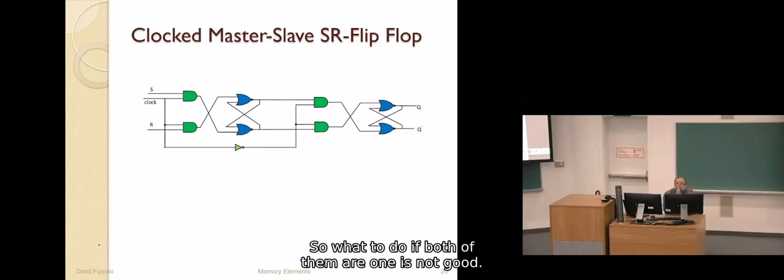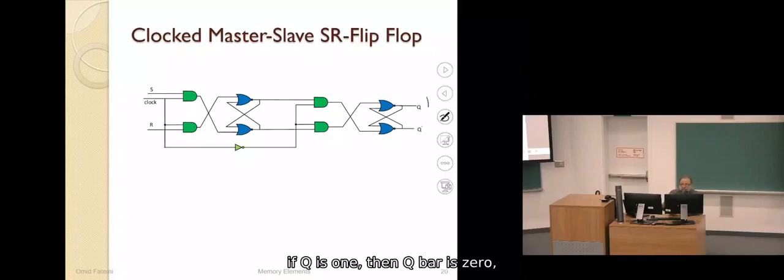So if both of them are 1, it is not good. We should somehow avoid this situation. How to do that? Let me say, if Q is 1, in the normal operation, then Q bar is 0, and it means that it is in a set state.